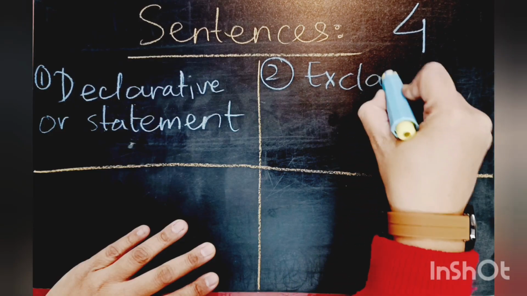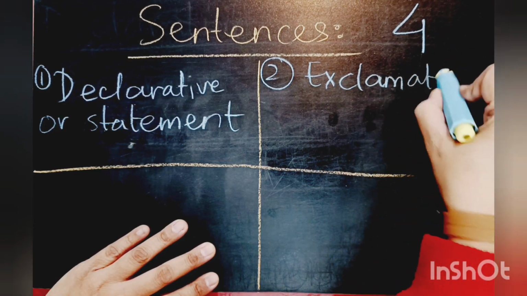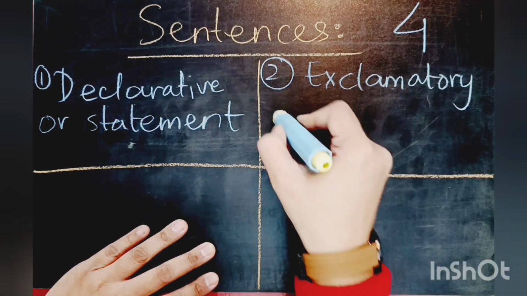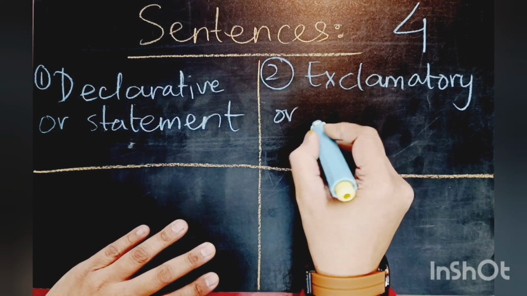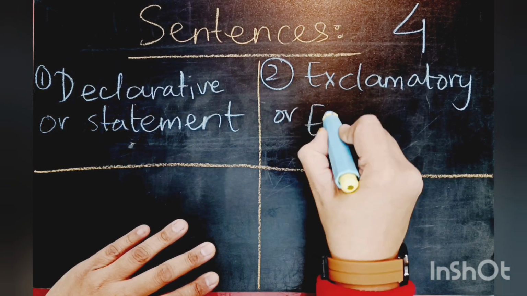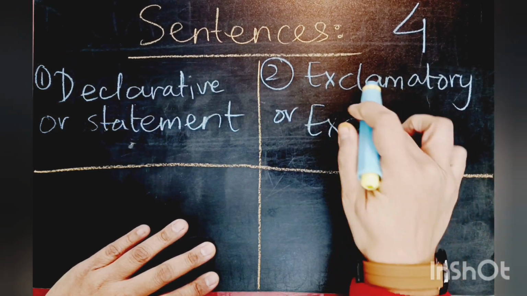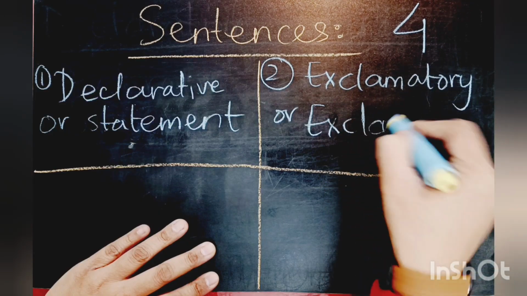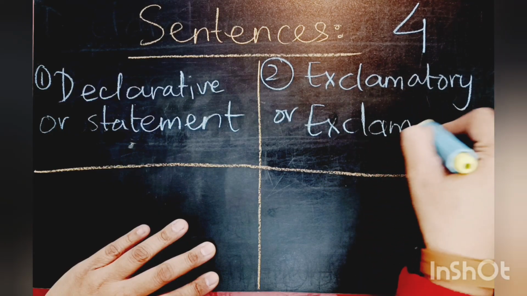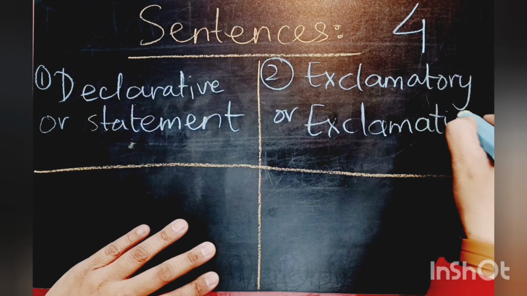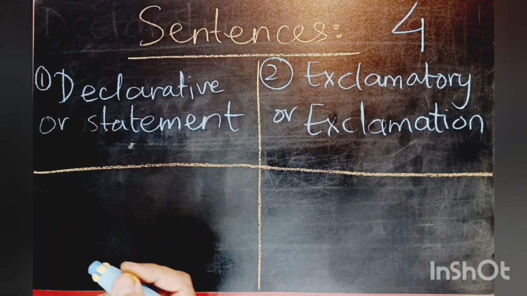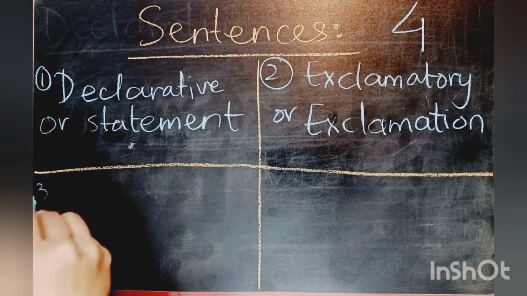The second one is the exclamatory or exclamation sentences, and these end with an exclamation mark, as we have done in the interjections, that they end with the exclamation mark.